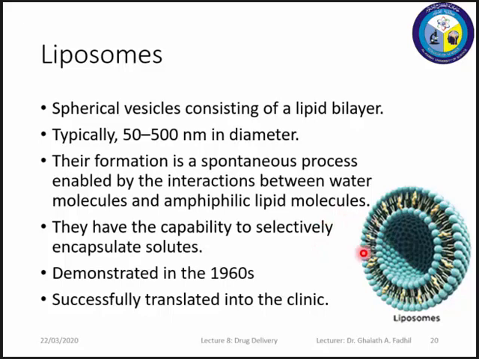It's a spontaneous process, benefiting from the interaction between the water molecules and the amphiphilic lipid molecules. We can have selective encapsulation for these liposomes, and they have been studied since the 60s and have been successfully translated into medication and treatment in the clinics.